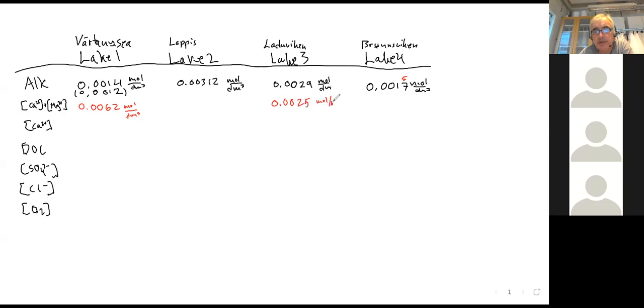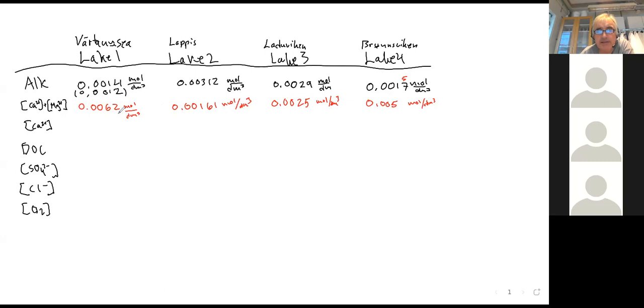And moles per cubic decimeter? Yeah. I got the Lake 4. It is 0.005. Okay. And moles per cubic decimeter? Yes. Anyone with Lake 2? Yes, we did Lake 2, and it's 0.00161. Okay.